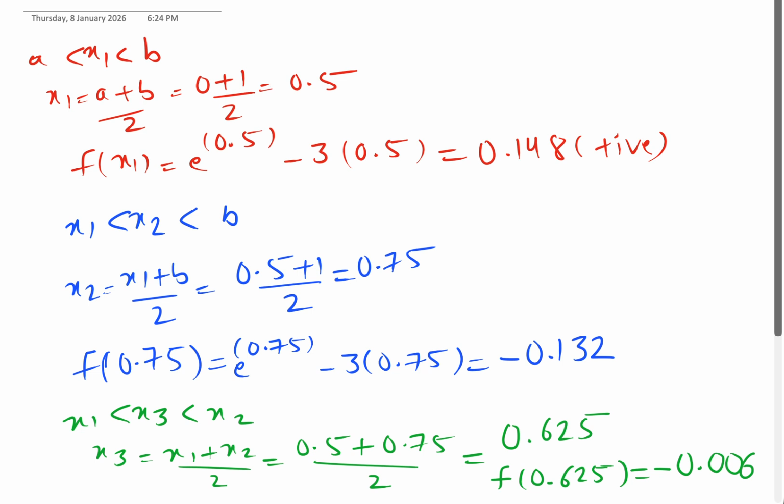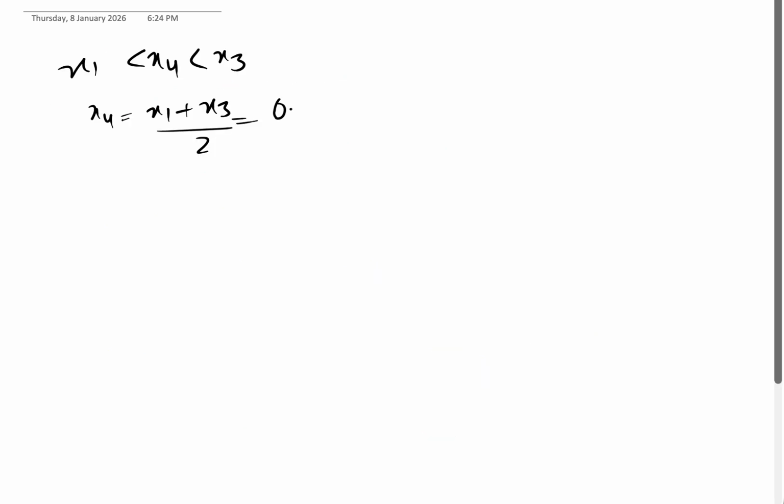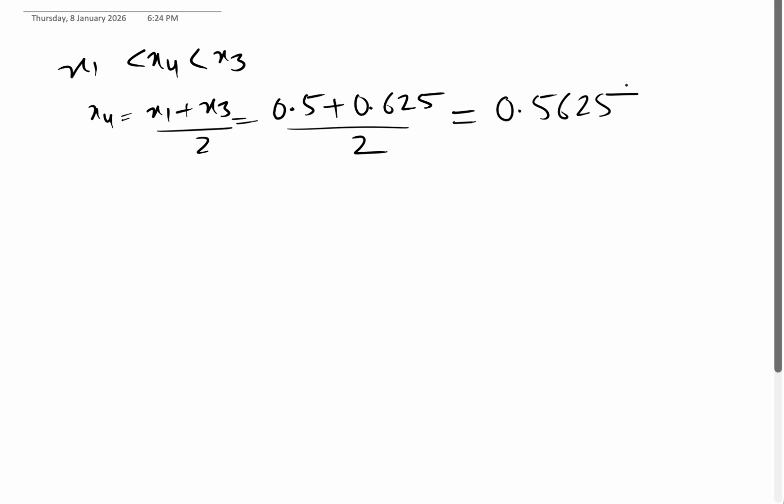(0.5 plus 0.625) upon 2. If I find this one, it is 0.5625.